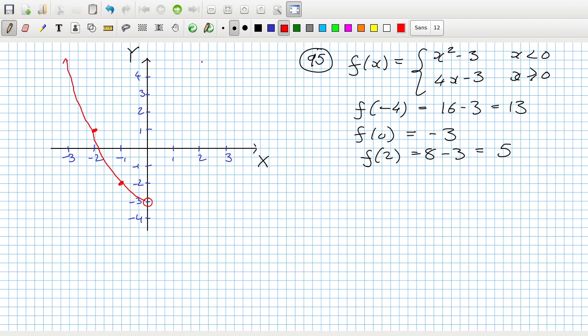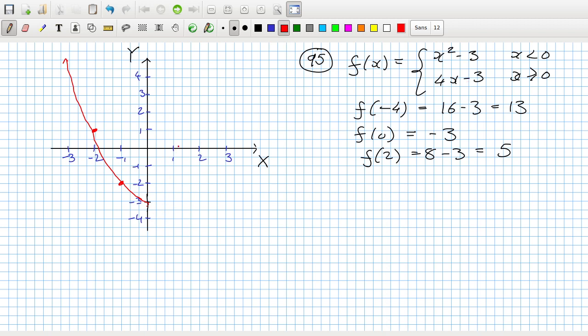And then now let's have a look at the positive. Oh, so we actually do get minus 3 by virtue of the second one. So actually, I might want to just fix that up there. So we do get continuity here. Because when x is 0, we get minus 3.